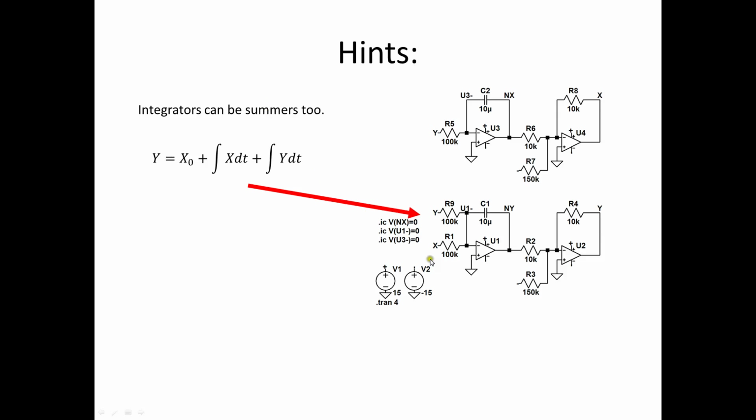Now here are some hints. Integrators can be summers too. I can sum x and y into this variable, and in this case because C1 and R9 and R1 are the same, I can keep the time constant of 1 second.